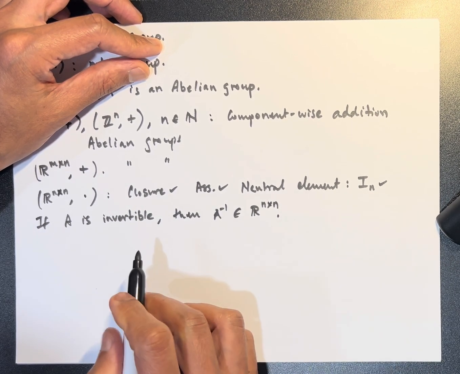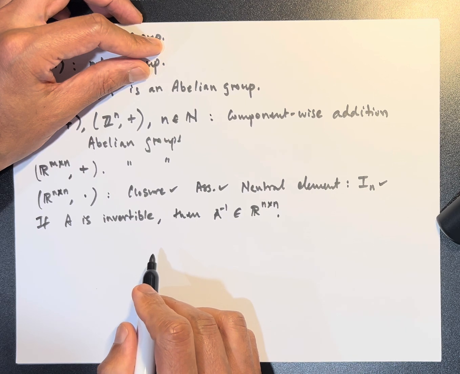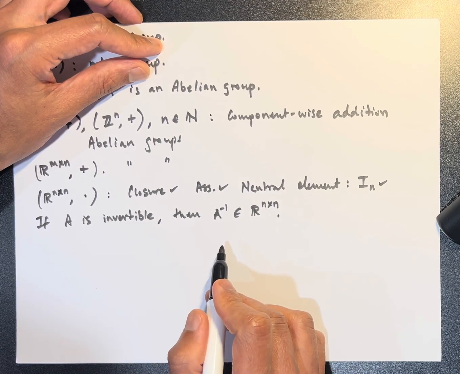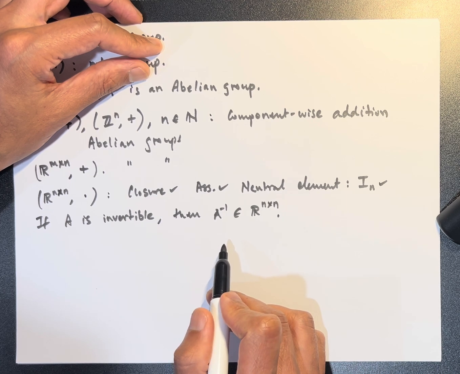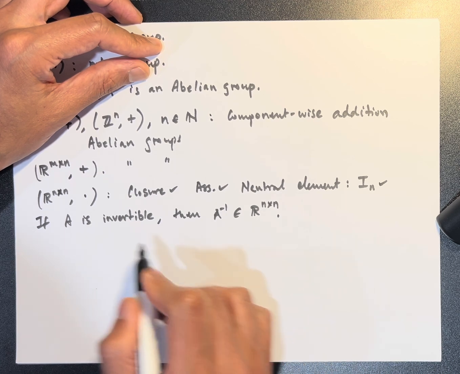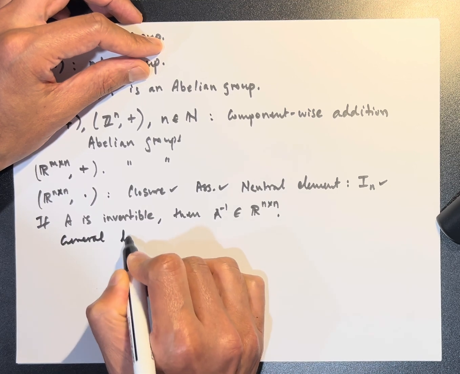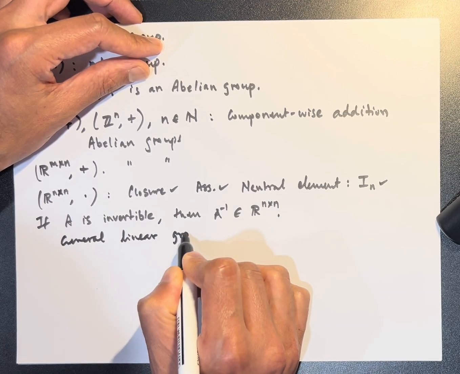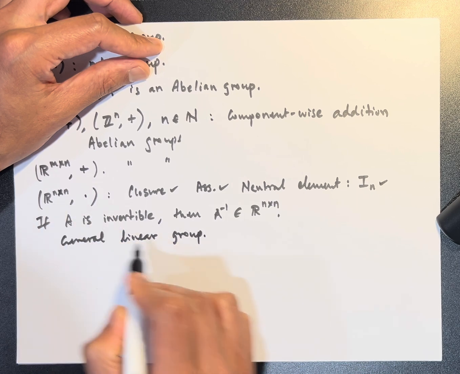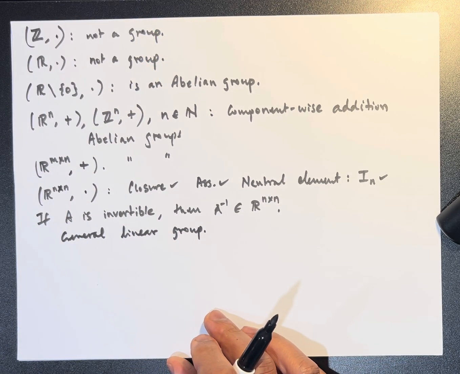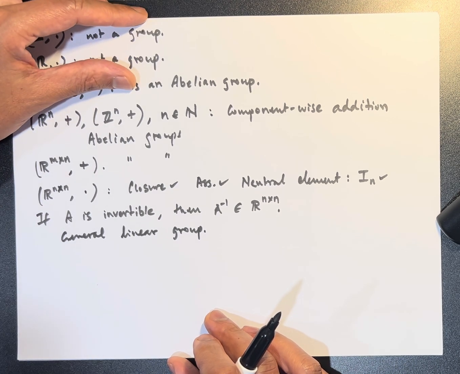So in exactly this case, R^(n by n) is a group, called the general linear group. It looks like they are taking the set of all invertible matrices in R^(n by n) and calling it the general linear group. So the general linear group is the set of regular, invertible matrices.